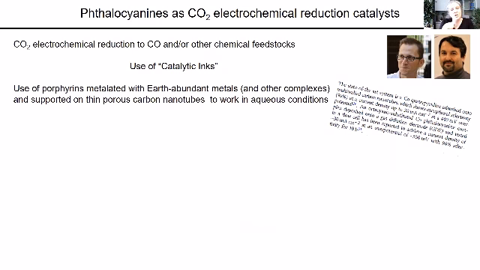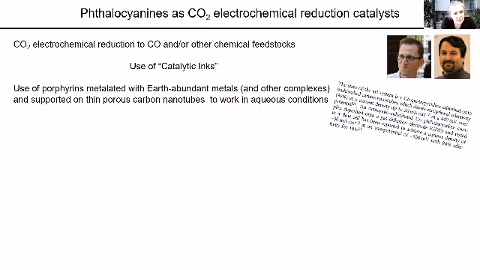And a strategy is to use catalytic inks. What so far was working quite well was to use porphyrins metalated with earth-abundant metals. Other complexes also are working with earth-abundant metals. This is the idea of using something that you can find easily.